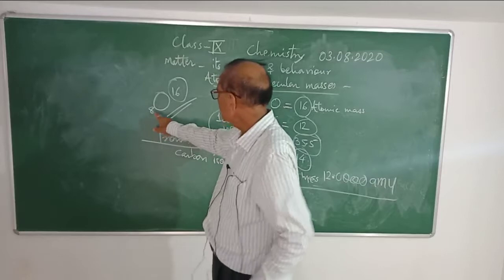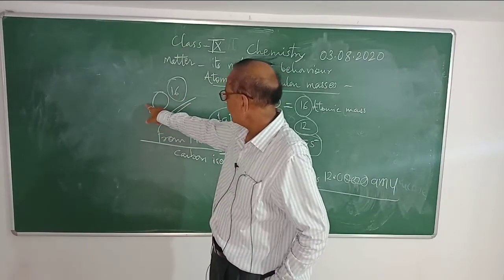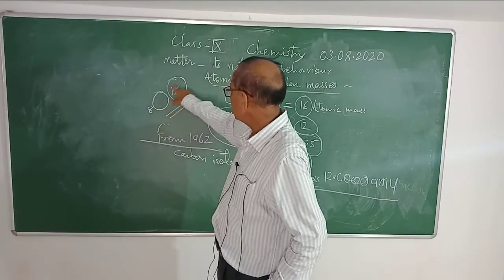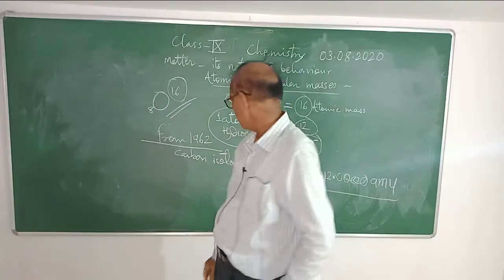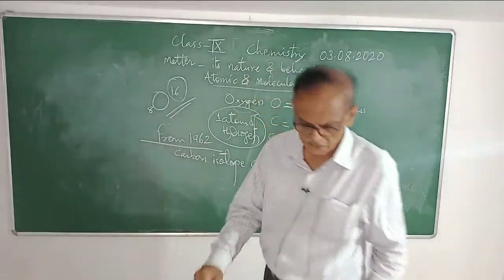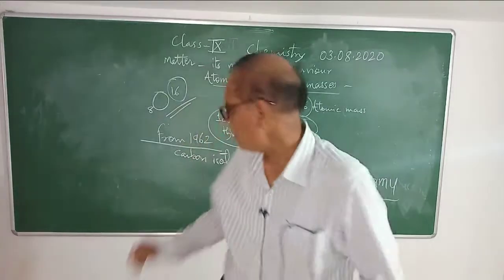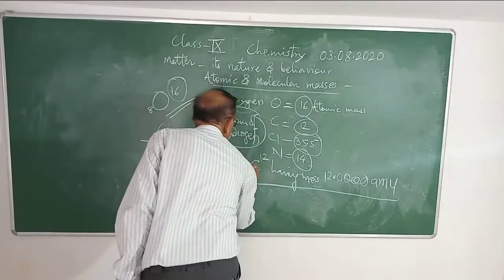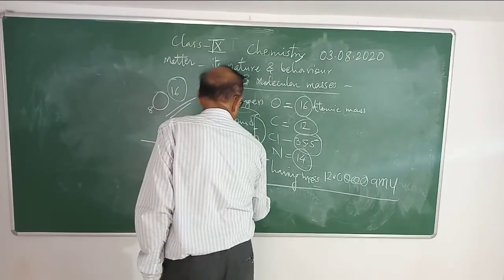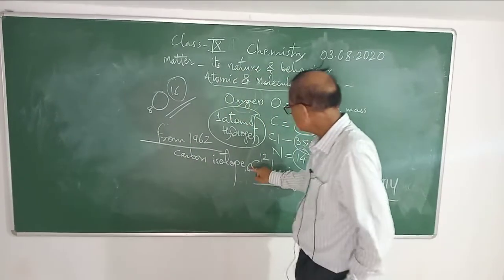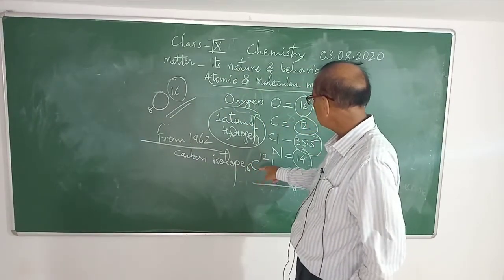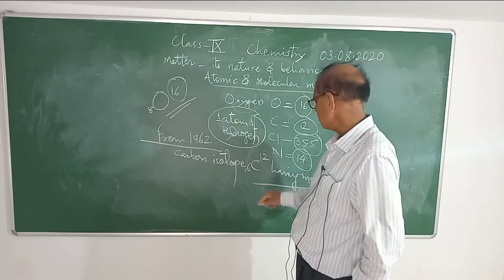So here in 8O16, 8 is the atomic number and 16 is the mass number. In 6C12, 6 is the atomic number and 12 is the mass number.